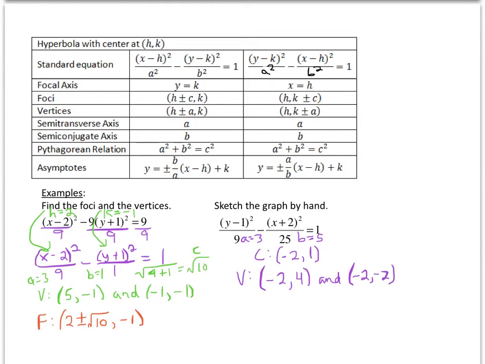And then our foci are going to be negative 2, comma, we would do the square root of 9 plus 25 to get c, so that's the square root of 34. So that's going to be 1 plus or minus c, which is the square root of 34.